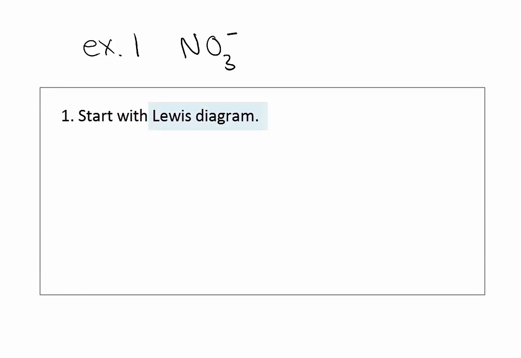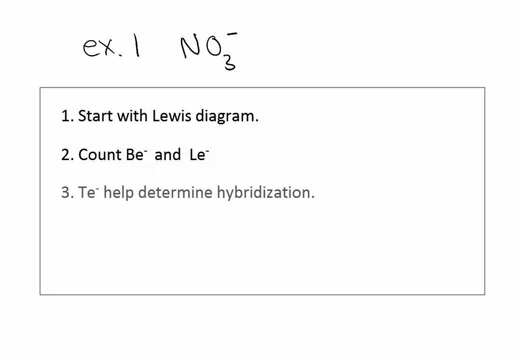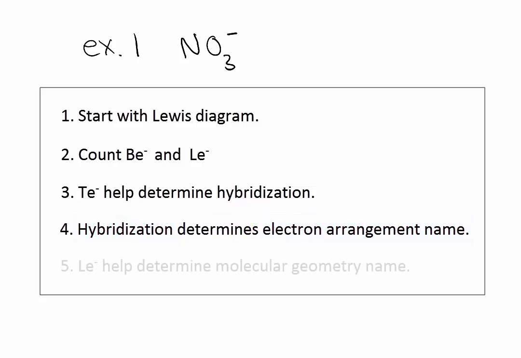Now remember, always start with your Lewis diagram, followed by counting bonding and lone pairs of electrons. Remember, total pairs of electrons will help us with hybridization, and of course that is going to lead us into the electron arrangement name.